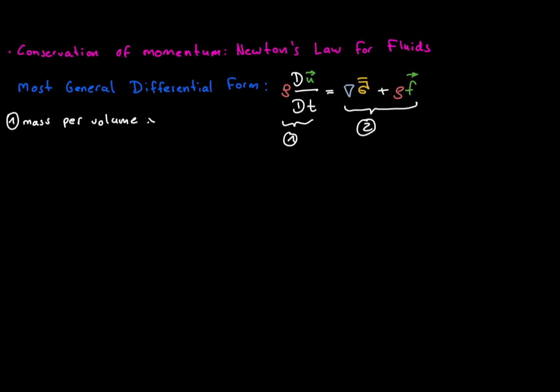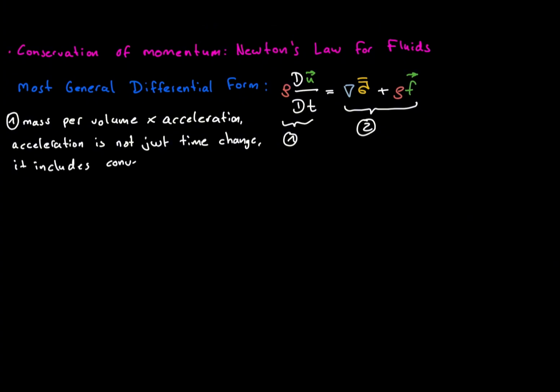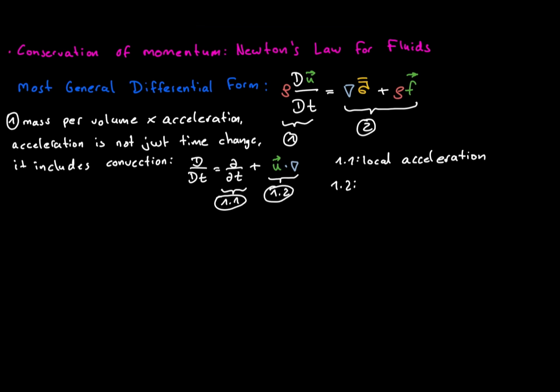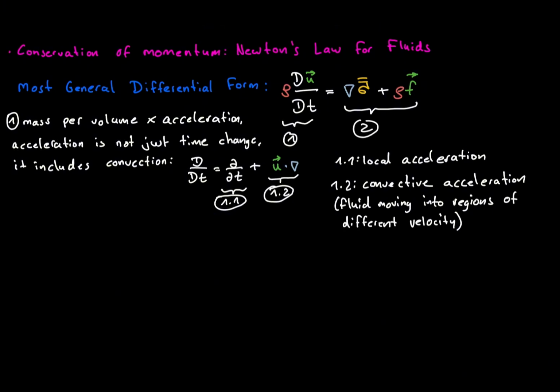The left side represents inertia. Rho is mass per volume. Du over dt is the material acceleration, which includes both local time change and convective change due to motion through a velocity field.